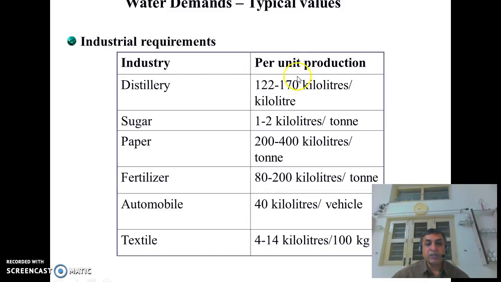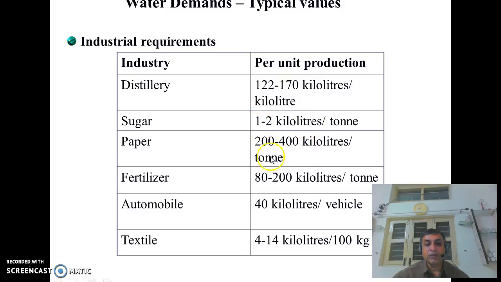Industrial requirements basically depend on the per unit production. For example, 1 kiloliter or 1 cubic meter of distillation product requires 120 to 170 kiloliters of water. Per ton of sugar produced consumes about 1 to 2 kiloliters of water.